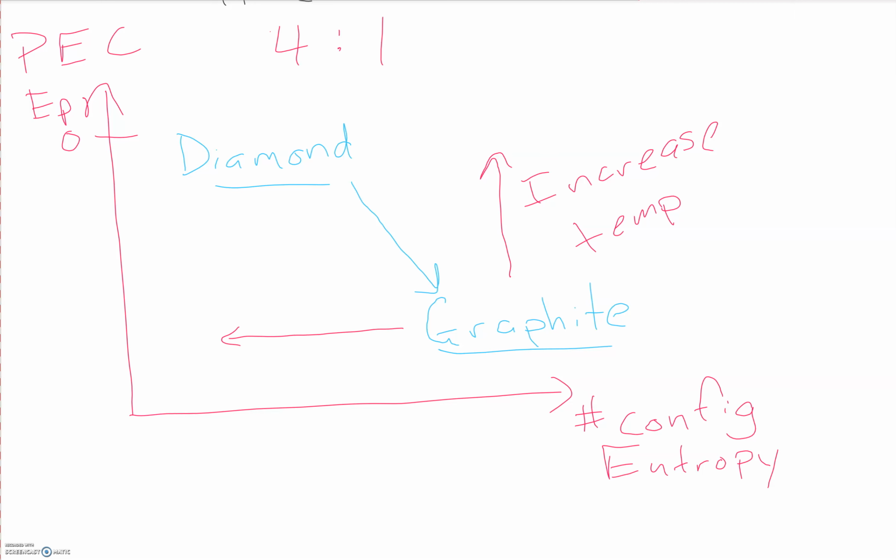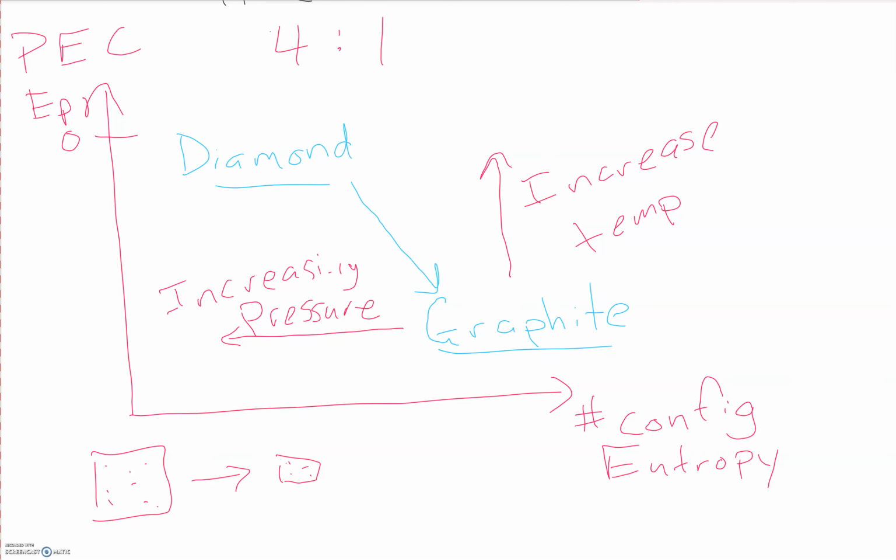And then how would you go this direction? So in other words, how do we change the number of configurations? Well, if I went from a system that had a lot of configurations to something that had fewer configurations, I'm confining that system. So I can go from graphite to diamond by increasing the pressure.